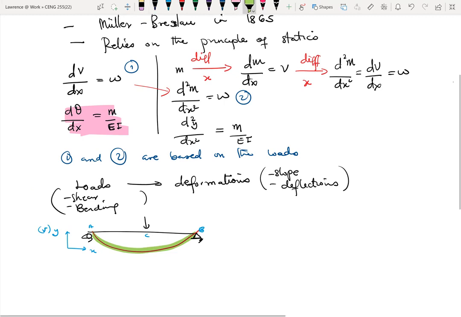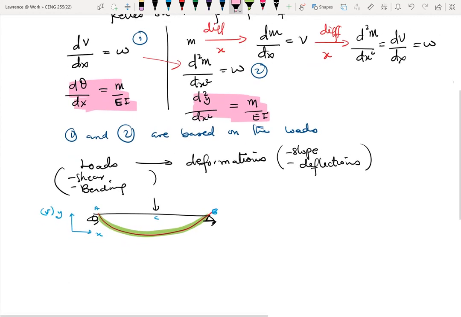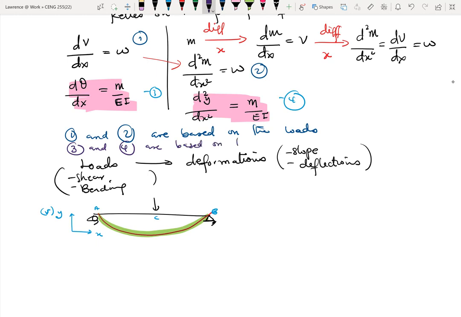Okay, and this is what we called, I think last week or the week before that, the elastic bending equation, or the Euler-Bernoulli equation, right? So now if you look at these 4 sets of equations 1, 2, 3, and 4, there are similarities between them, all right? So equations 1 and 2 are based on the loads, and then equations 3 and 4 are based on the deformation.